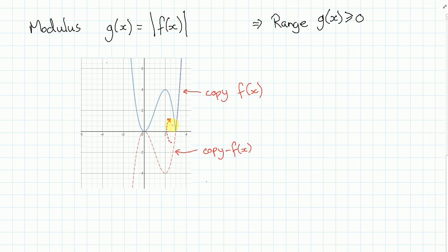That one, fairly straightforward. What might be a surprise to you is what happens if we do a g(x) and we take the modulus of the internal function. Now I'm going to use a different function for this, and you might see why.